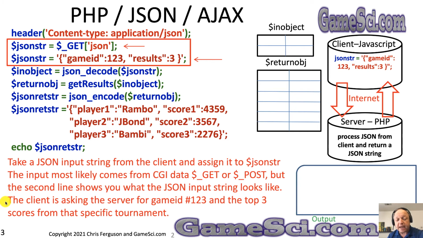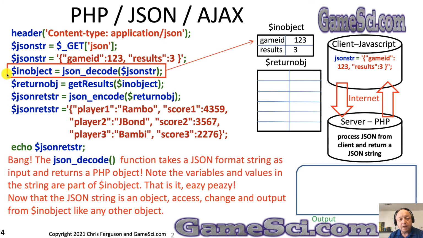The client is asking the server for game ID number 123 and the top 3 scores from that specific tournament. It's just a little easier to explain the example if we could see what's in the JSON input. $in_obj equals json_decode($JSON_str).